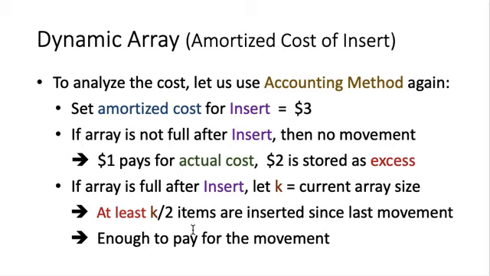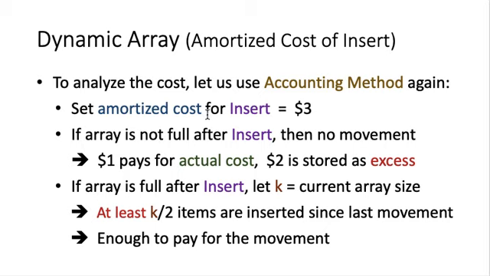And now let us analyze the amortized cost for the insert and the delete operation. Now we will use the accounting method again. For inserts, it is the same as before. We set $3 as the amortized cost for insertion.